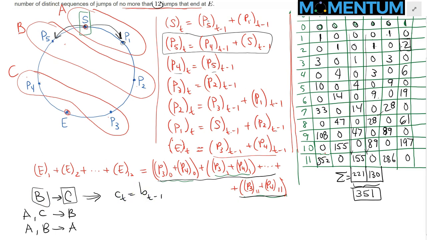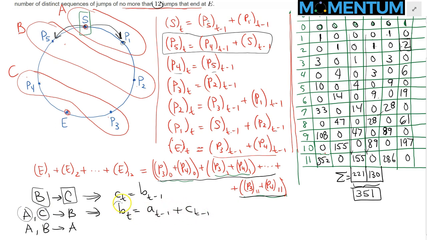Does that make sense? And in a similar way, in step T you can end up in B only if in the previous step you were in A or C. So the number of ways that end up in A in the previous step plus the number that end up in C in the previous step.